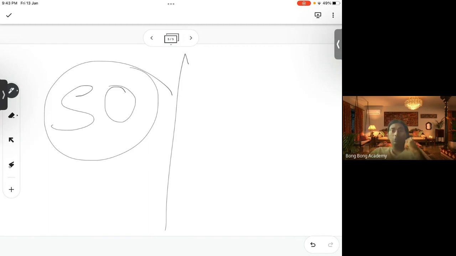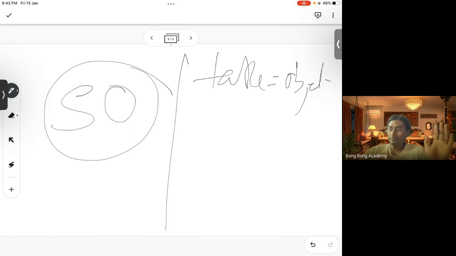Okay. We will no longer use the term table from now on. We will use the term object. In Salesforce, a table and object is the same thing. So table is equal to object. The column of a table is called field.